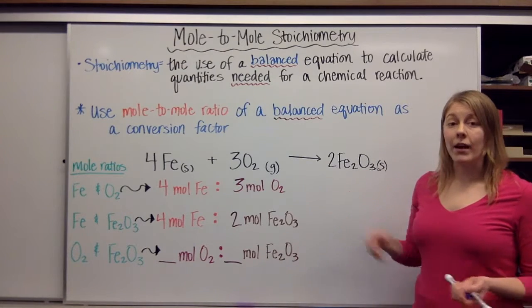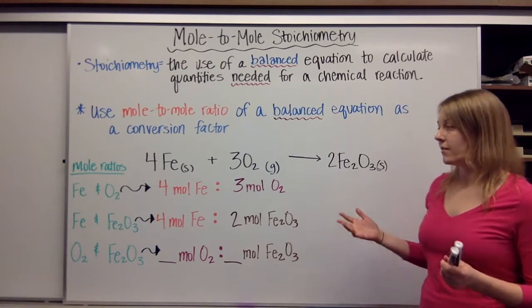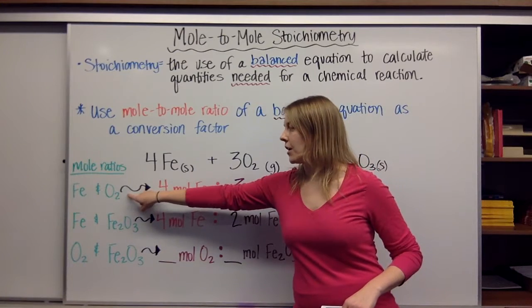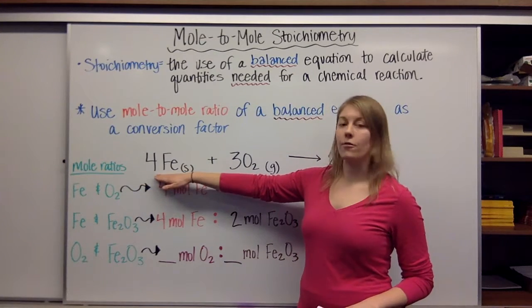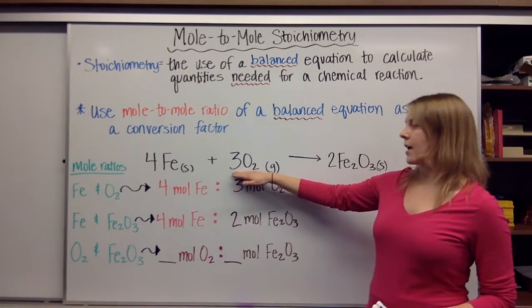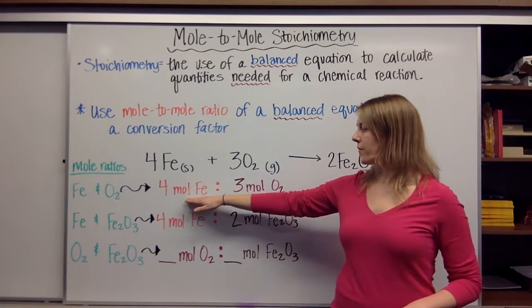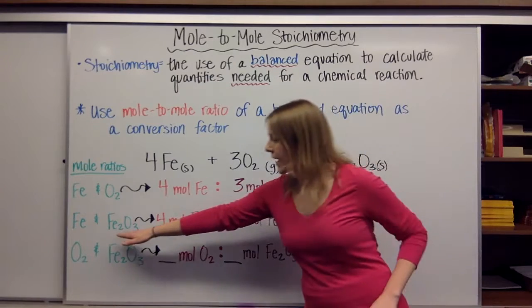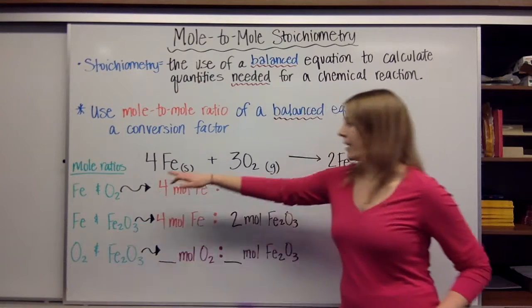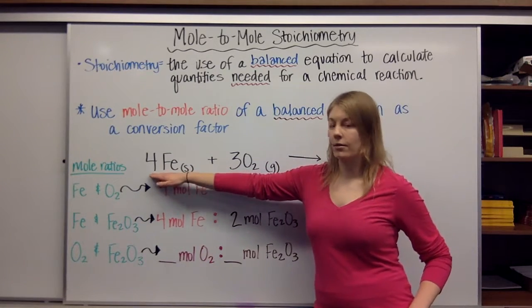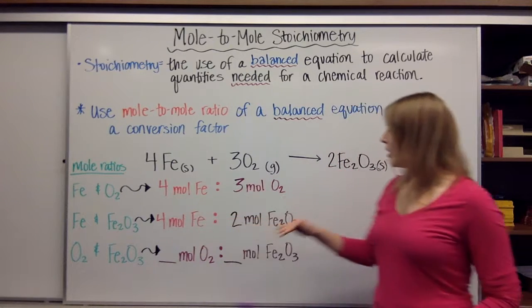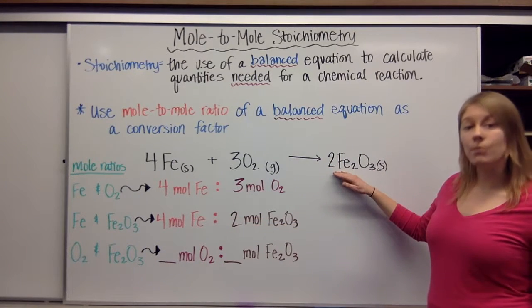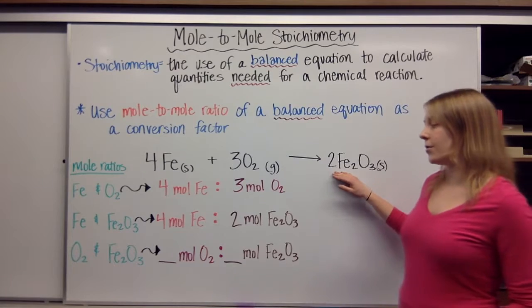So how are we going to write our ratios? Well, if we're looking at just iron and oxygen, we can see that there's 4 moles of iron to every 3 moles of oxygen. If we're looking instead at iron and iron(III) oxide, we have 4 moles of iron for every 2 moles of iron(III) oxide that's produced.